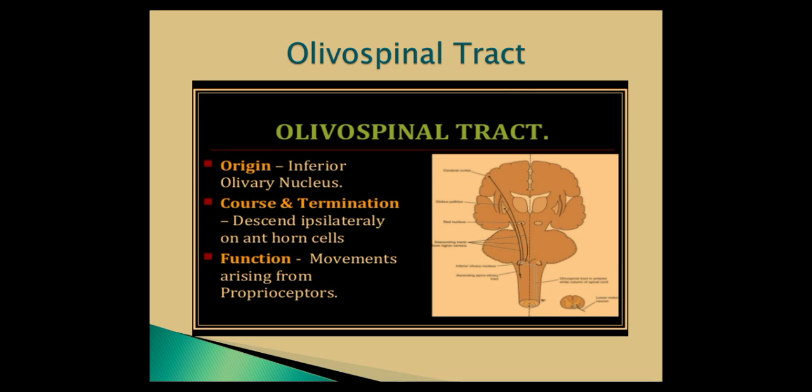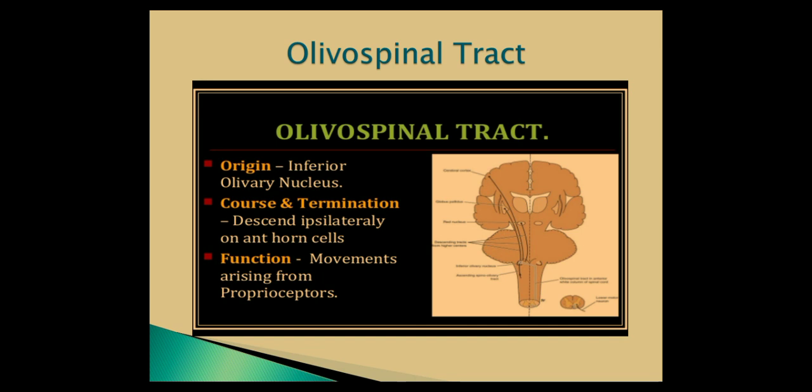The olivospinal tract originates from the inferior olivary nucleus, descends downward on the ipsilateral side, and then terminates on the anterior horn cell. Its basic function is to regulate movement, or it mediates the reflex action arising from the proprioceptors. So that is about the olivospinal tract.